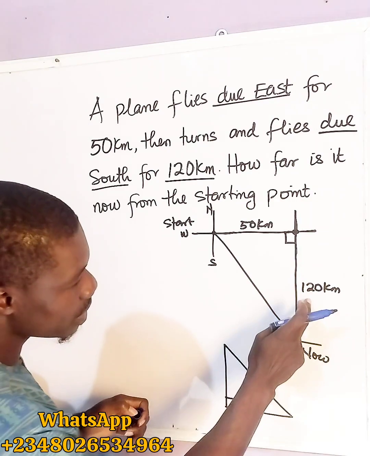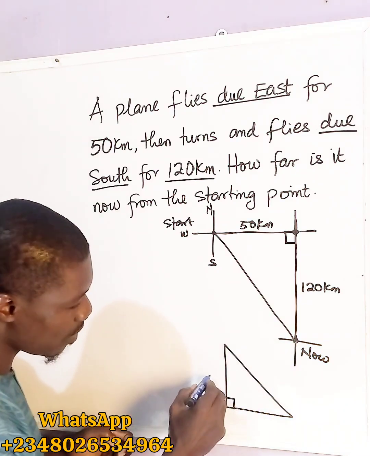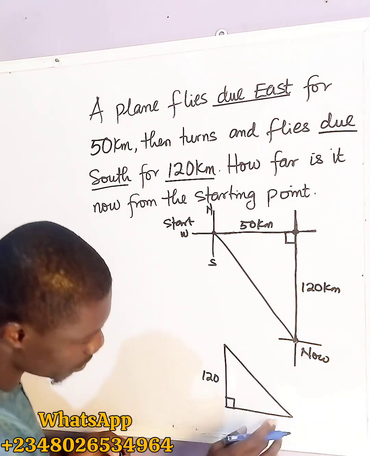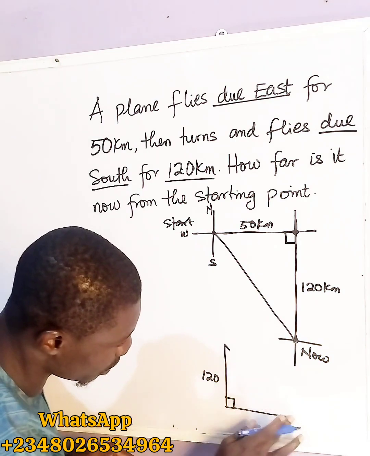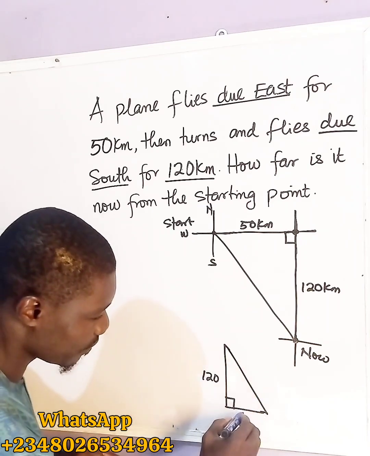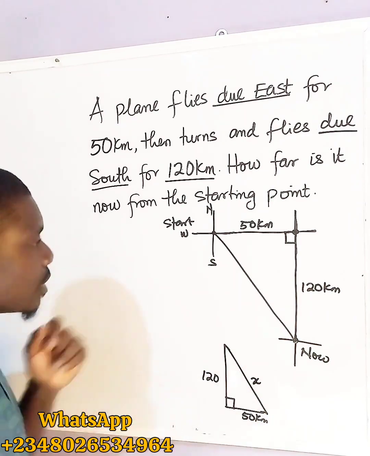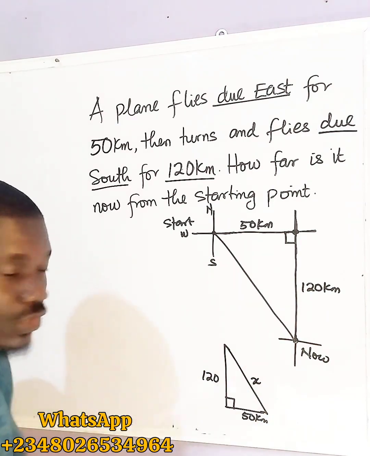This, which is the opposite, is 120. Then our 50 is the adjacent. So we have to find x here. So we have to apply the Pythagorean theorem.